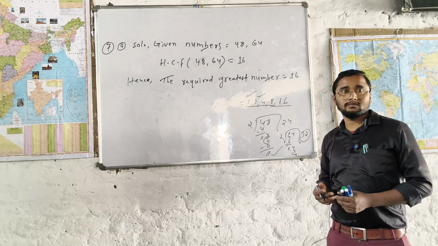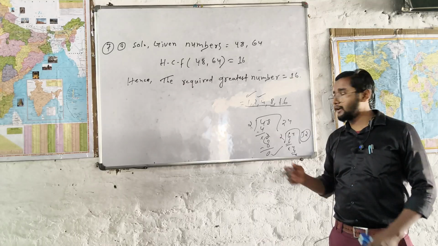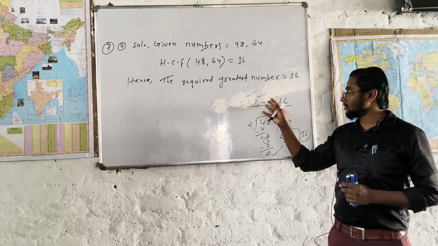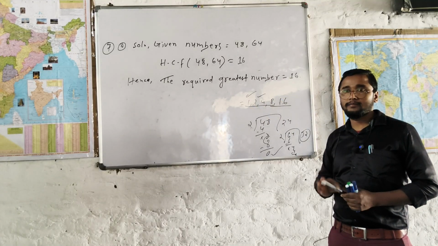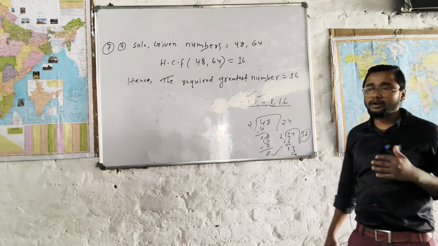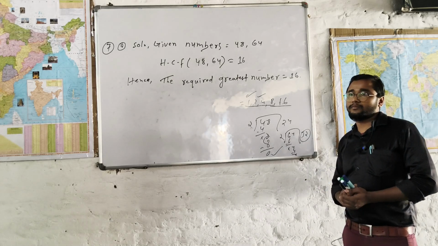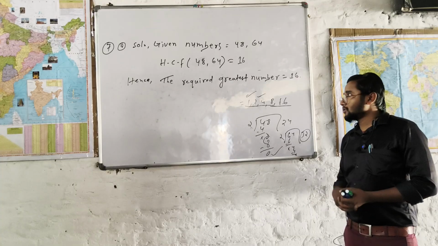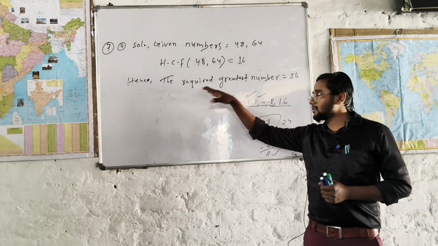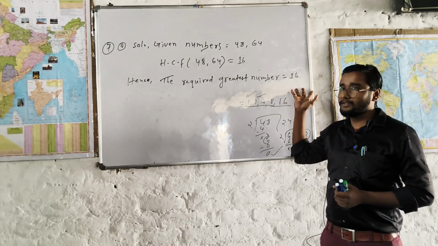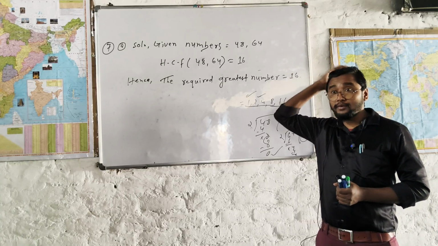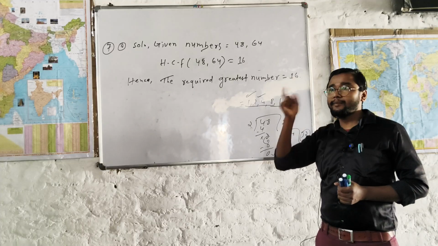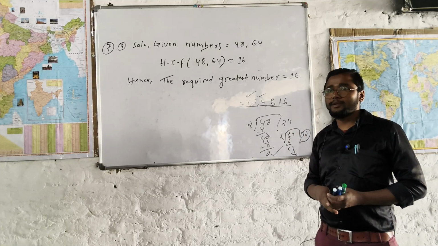So you are getting remainder 0. It means among all these numbers, which is the greatest number? 16 is the greatest number. So that's why we say that the required greatest number is 16, which will divide 48 and 64, getting remainder 0. I hope you understood that.